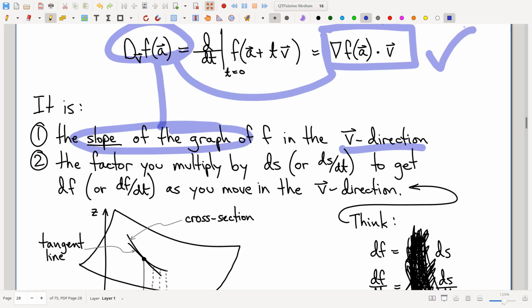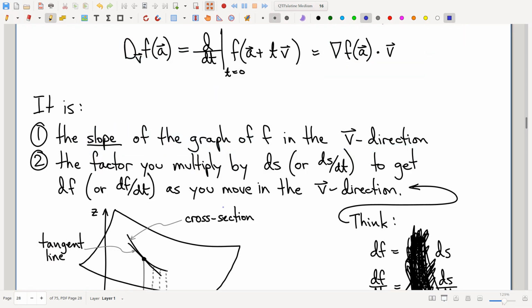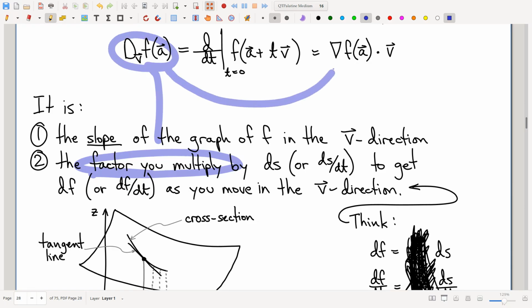Dot products are easy. Or if you were to ask me, for whatever reason, what is a certain multiplicative factor that I multiply by input changes to get output changes as I go in a certain direction, well, that's also a directional derivative, which I can compute by this handy-dandy formula. So, a very cool little trick.